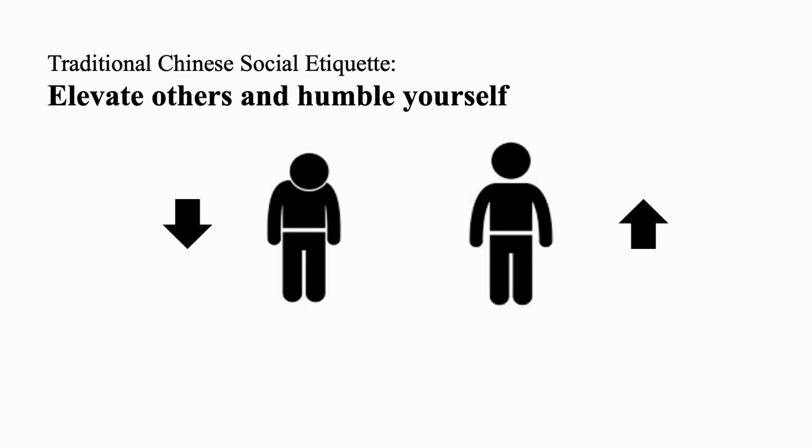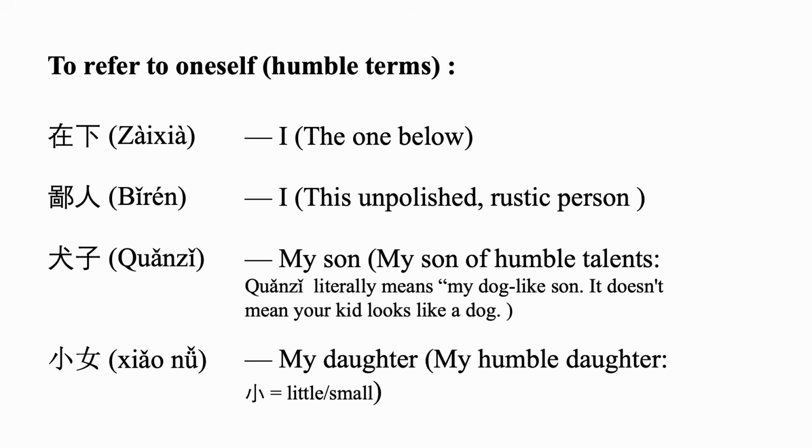This is why classical Chinese is packed with respectful and humble terms. For example, to refer to oneself, people use terms like 在下, 鄙人, 犬子, 小女. All of these prefixes, low, unpolished, small, humble, dog, were used to lower one's own status.